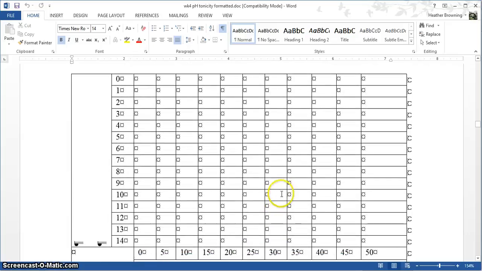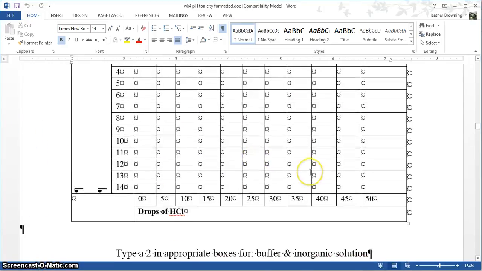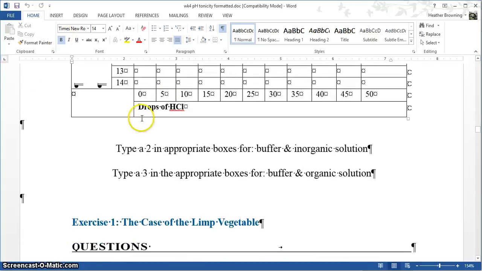So say you have a 7 at 0 for both of them, which is what you do. You'll put a 2 and a 3 in here, and then you'll just do it, and it'll sort of look like a line chart, and that will help you see what's going on. It'll be a graphic display of the drops of HCl, okay?